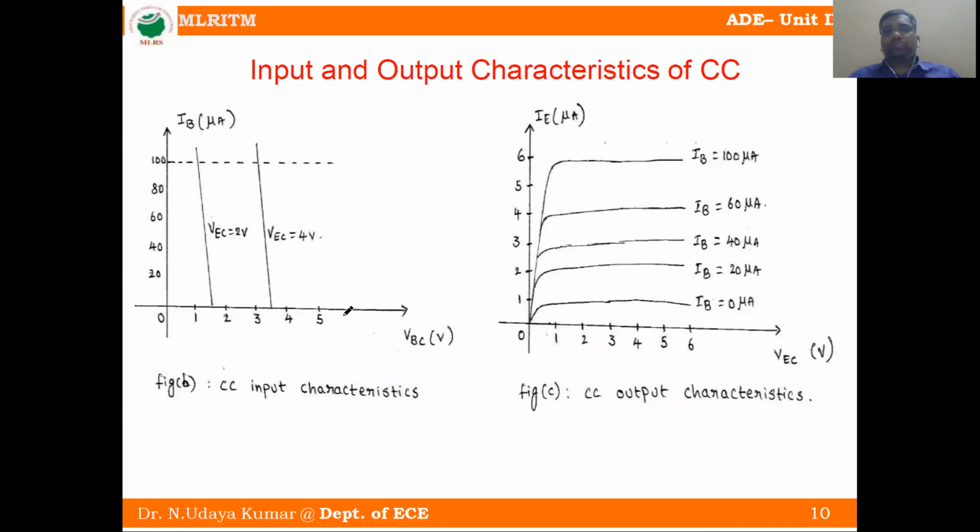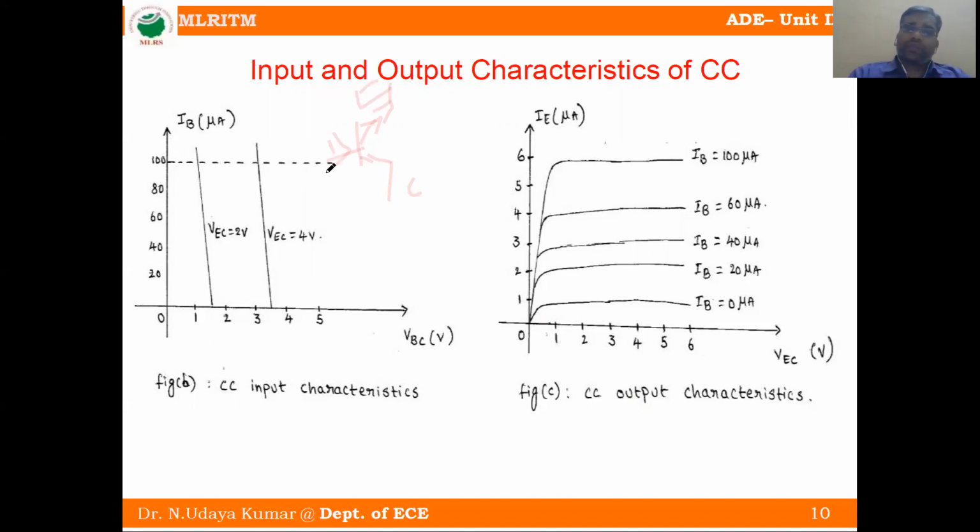What are the input and output characteristics of the CC configuration? They are similar to the CB and CE configurations. Taking an NPN transistor, this is the common terminal, this is the emitter, and this is the base.